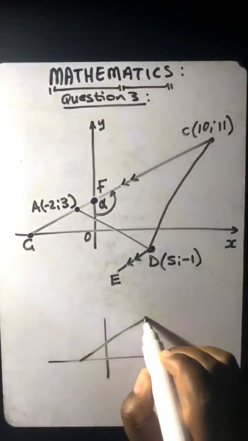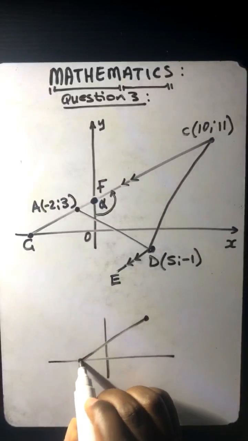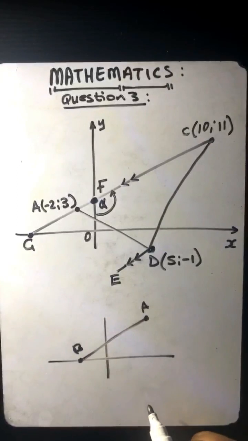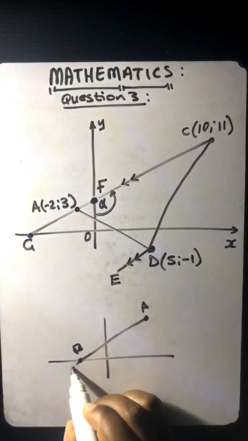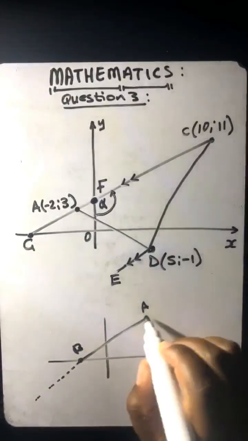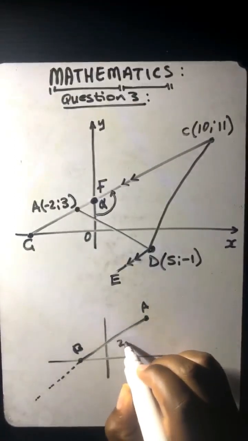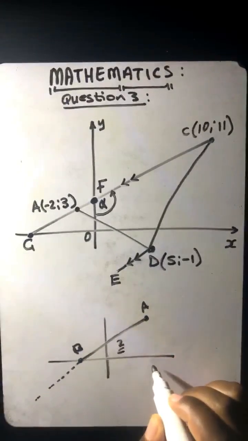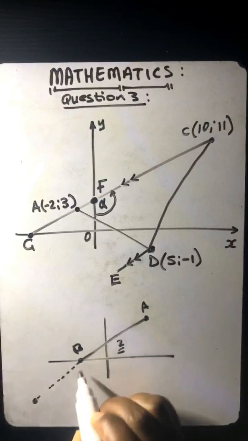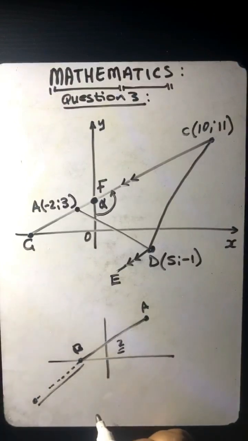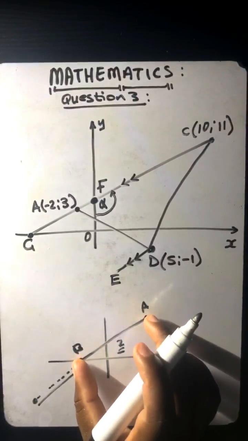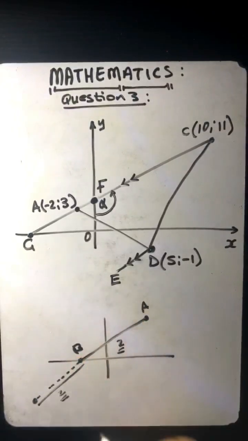That means if you have a line, let's say this is point A, this is point B. The moment the examiner says produced or extended, they are simply saying it continues with the same gradient. So if you calculated the gradient of A and B and it was 2, then this section which has been produced is an extension, collinear to A and B, meaning the gradient is also 2.